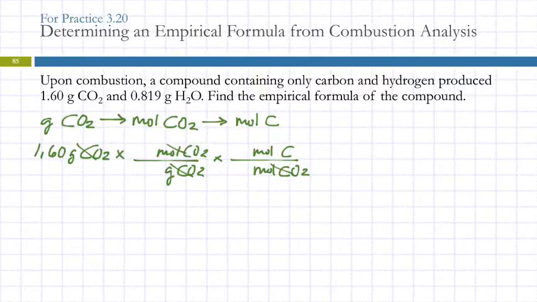We see that from the formula, CO2, 1 carbon. 1 mole of carbon in 1 mole of CO2. The molar mass we would get by calculating. We would take the mass of carbon, 12.01, plus 2 times the mass of oxygen, which is 32, and we get 44.01 grams. It's 1 mole.